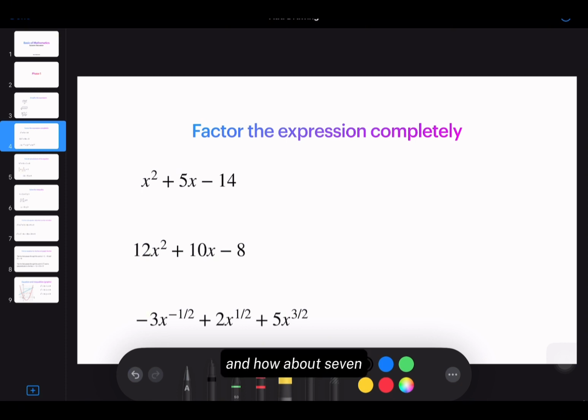And how about 7? Who would like to try? Okay. Who would like to try? Yeah.